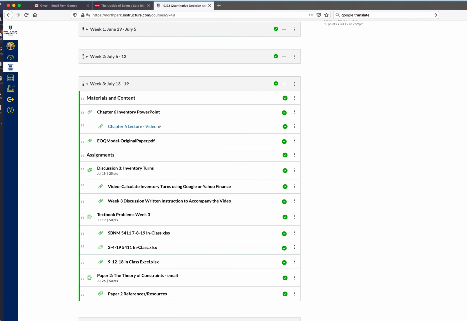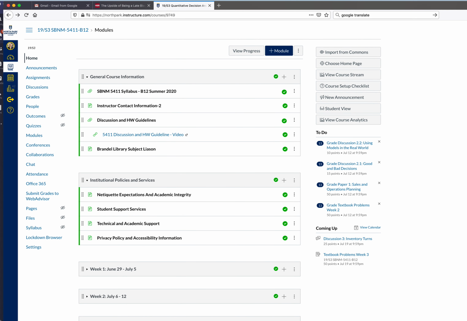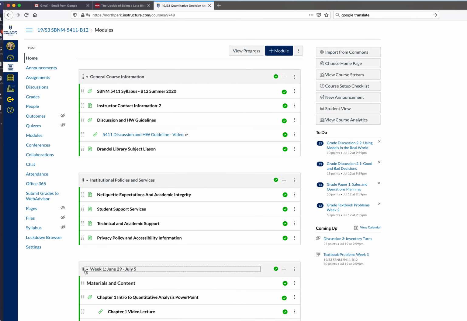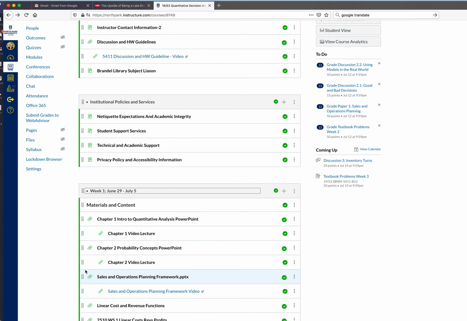Looking at week 3, if we look at the first 2 weeks, we're talking about models and model building. We started with some simple models, the linear cost and revenue problems. We started with 2 simple statistical distributions, binomial and normal, and played with those.